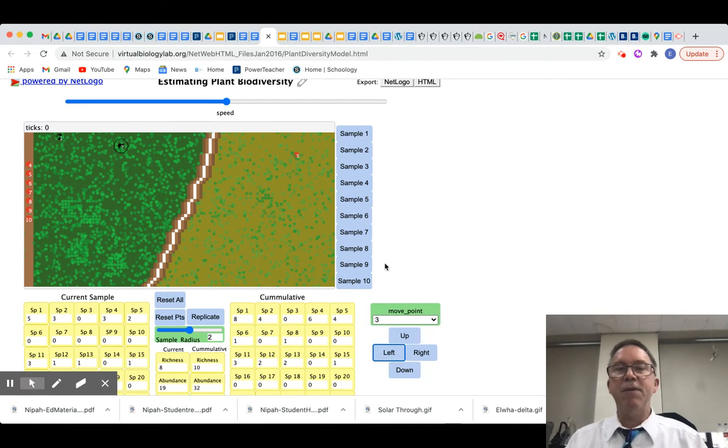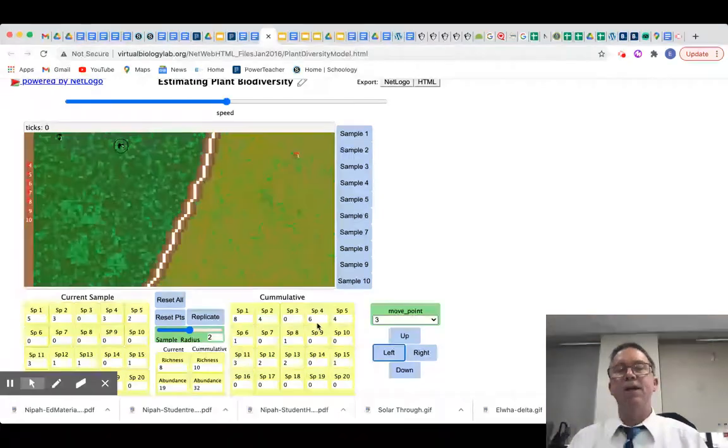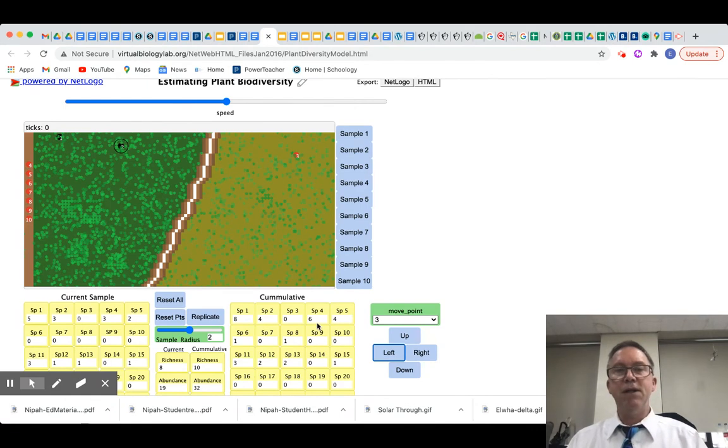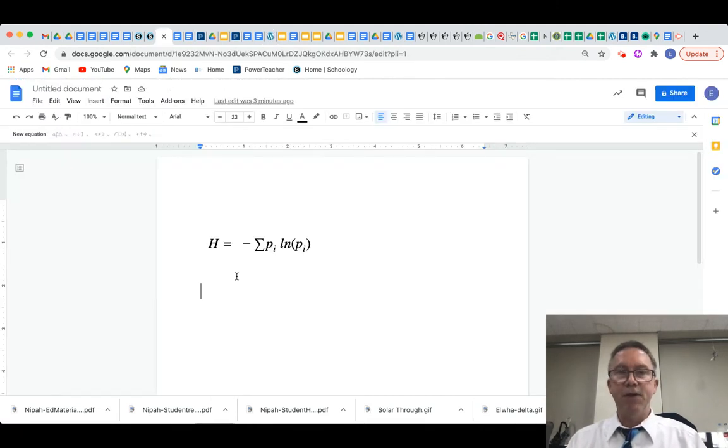Now I want to talk about how we're going to use this data to come up with the Shannon-Wiener index. I want to use the cumulative data, not the current sample, because I want to see overall what was true for this area. In order to use the Shannon-Wiener equation, I need to know what percent of the total number of individuals each species makes up.